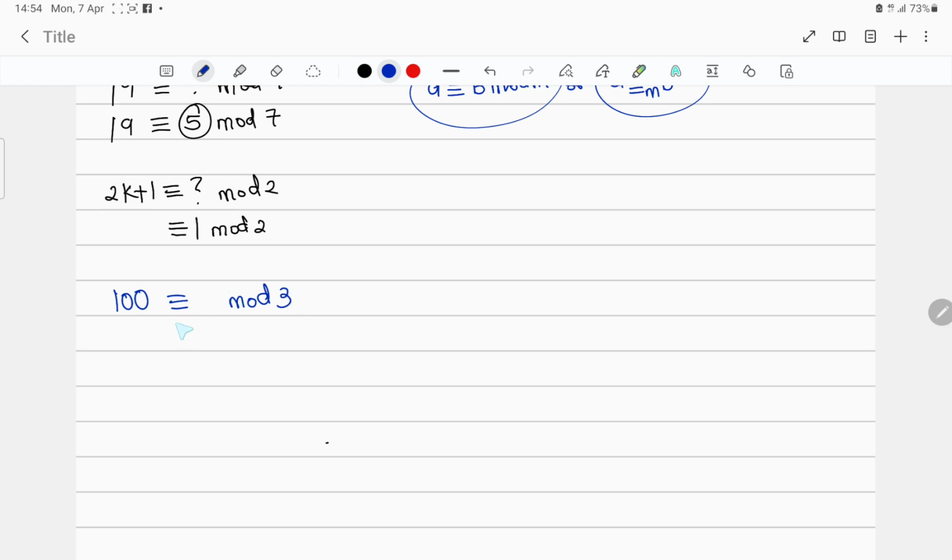You can simply see that 3 can get into 99, so it gets into 100 and leaves a remainder of 1. So 100 is congruent to 1 mod 3.